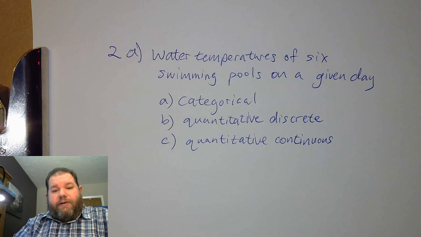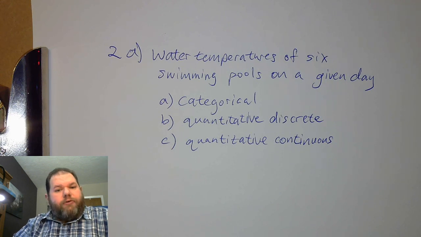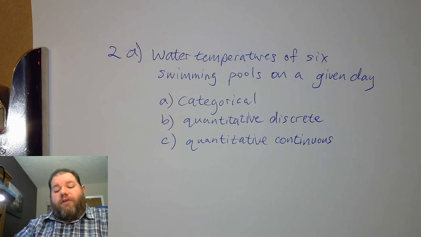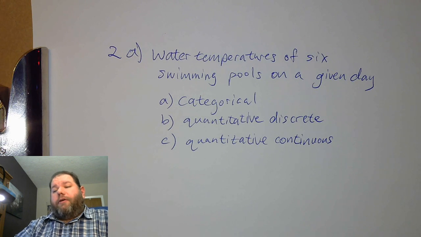Well, when we talk about temperature in particular, temperature is a value that is numerical. Okay, when we talk about the temperature of an object or the temperature of water in this case, temperature is a numerical variable, so we think this will be quantitative first of all.